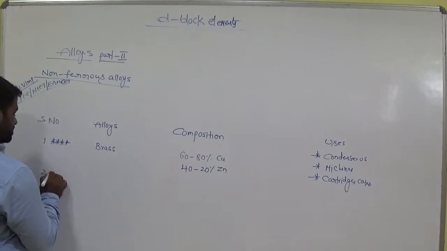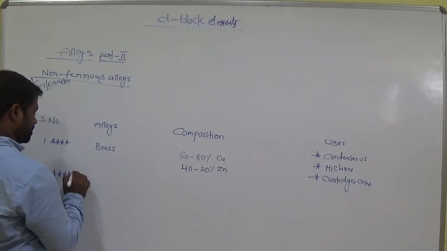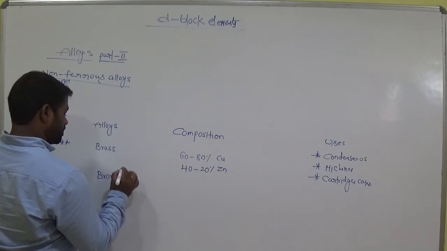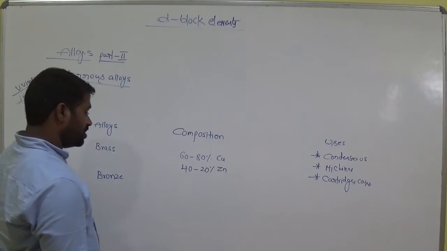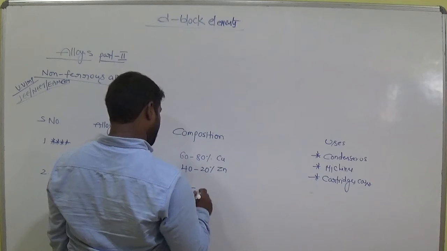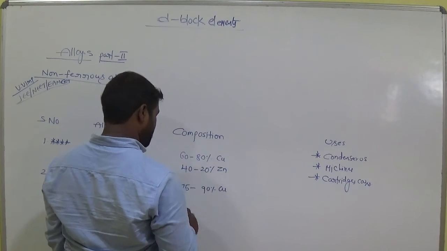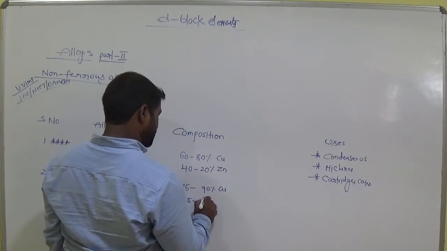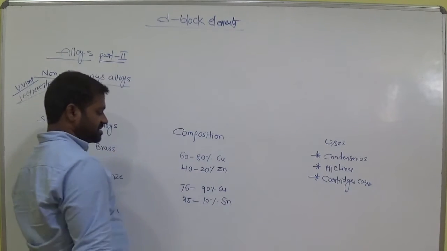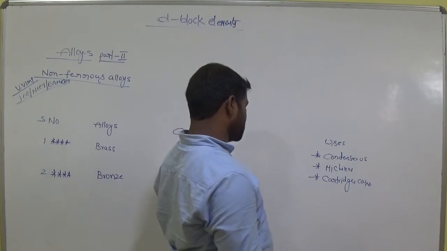And the next one is bronze. It consists of 75 to 90% of copper and 25 to 10% stannum, Sn. Okay, bronze. So why should we use this?